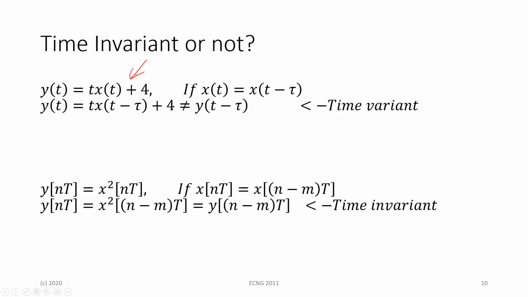Alright, so our first step would be to substitute x of t equal to x of t minus tau. So as such, when we do the substitution, we get t times x of t minus tau plus 4.